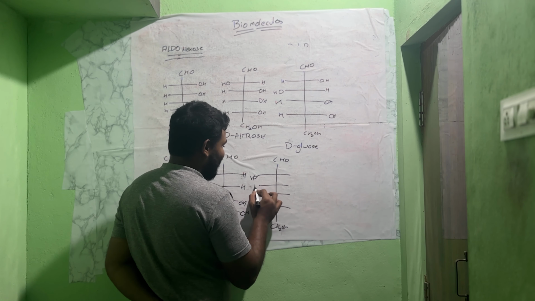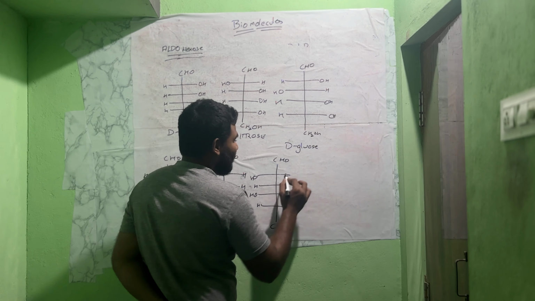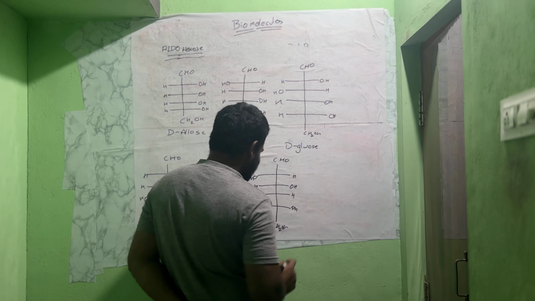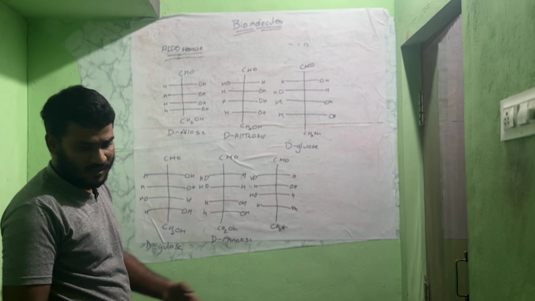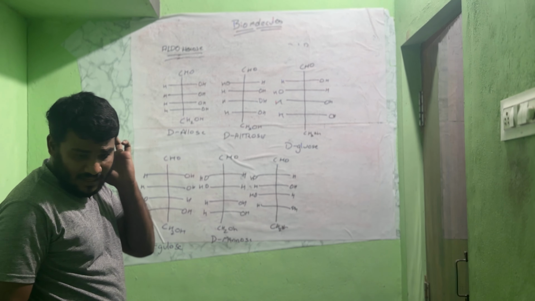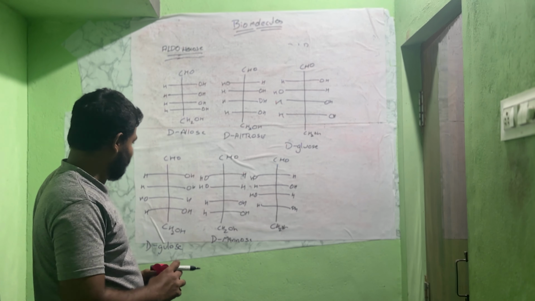If the second and fourth epimers are changed, then it is known as D-idose.